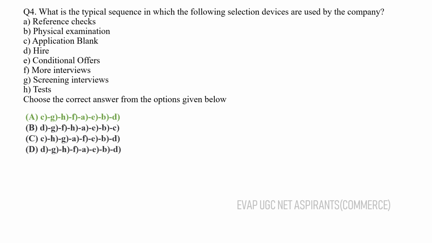So the correct option here is A, that is first will be application blank, then screening interviews, then tests, then more interviews, then reference checks, then conditional offers, then physical examination, and the last is hiring. So this is the sequence of selecting any employee.